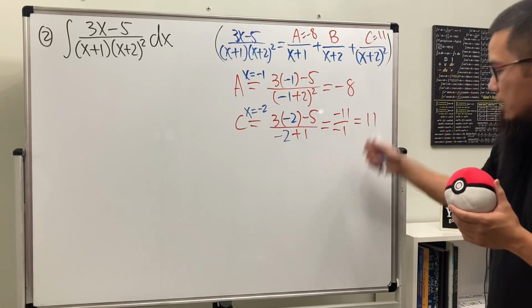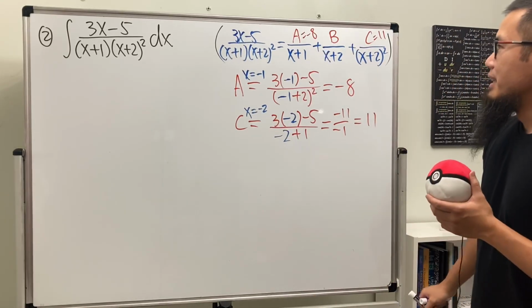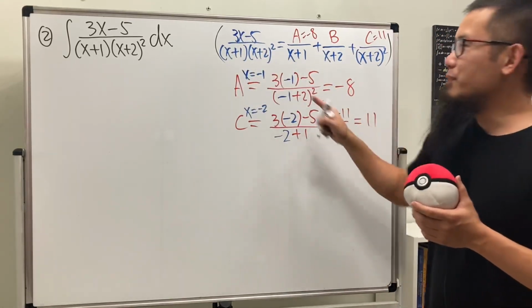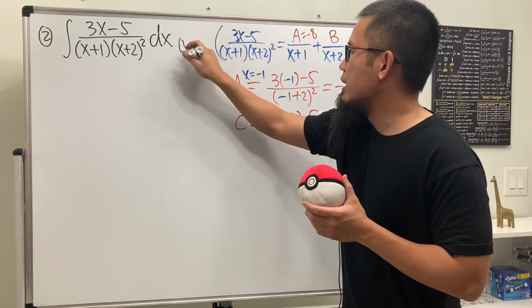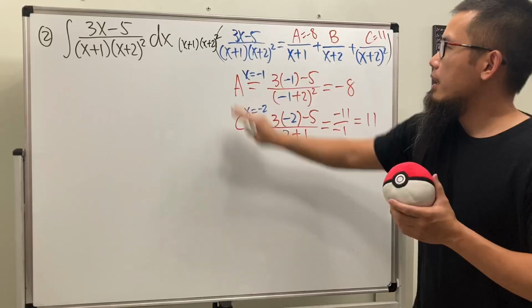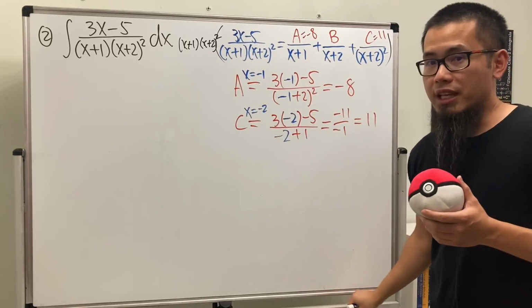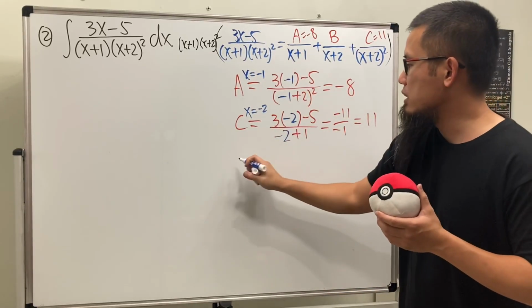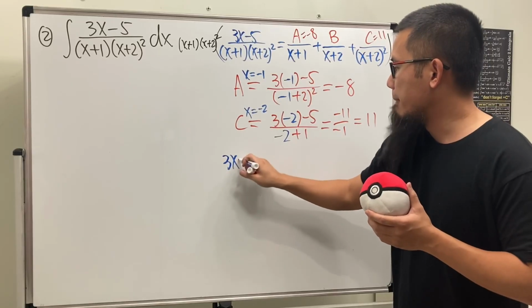And now to get B, let's see what we get. Okay, multiply everybody by the common denominator, which is x plus 1, x plus 2 squared. This times that, we just get the numerator, which is the 3x minus 5.